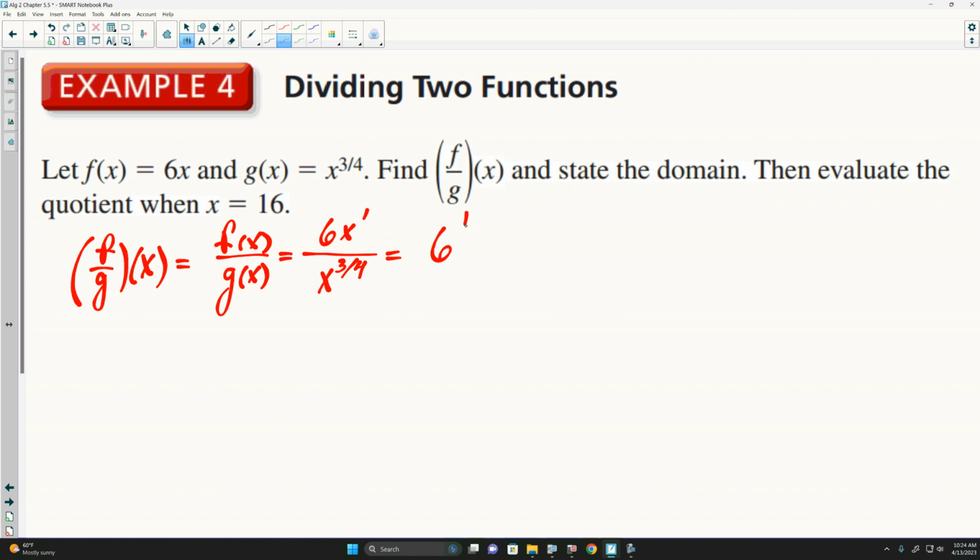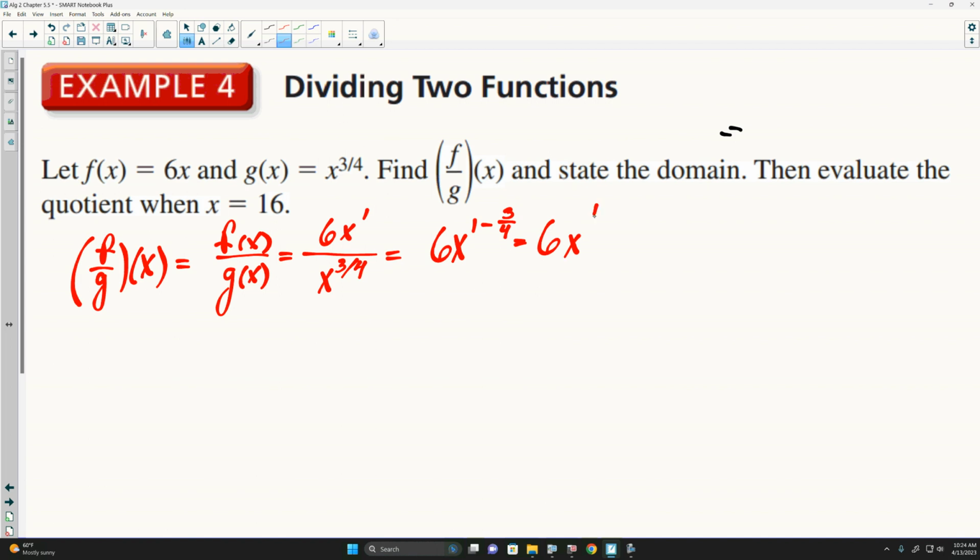So here we would do x to the 1 minus 3/4.